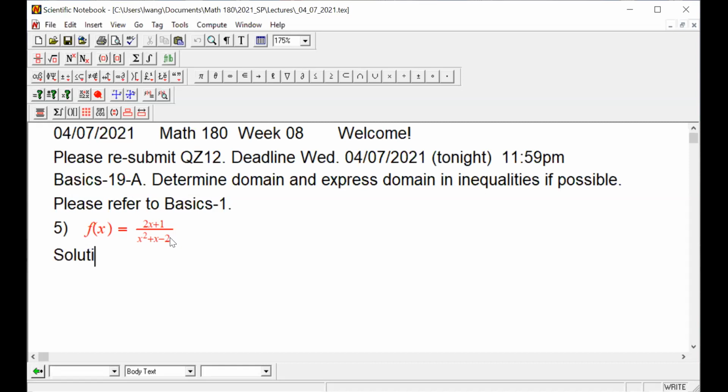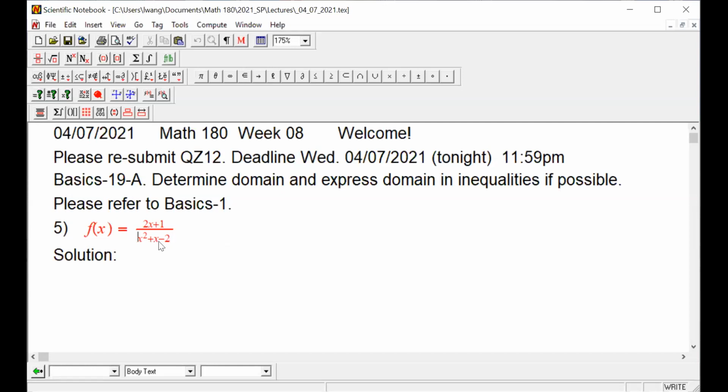So solution. Yesterday, I talked about there are 2 ways of setting up. One is set it equal to 0. One is set it not equal to 0. These two narratives, they each have their own logical narratives in each setup.